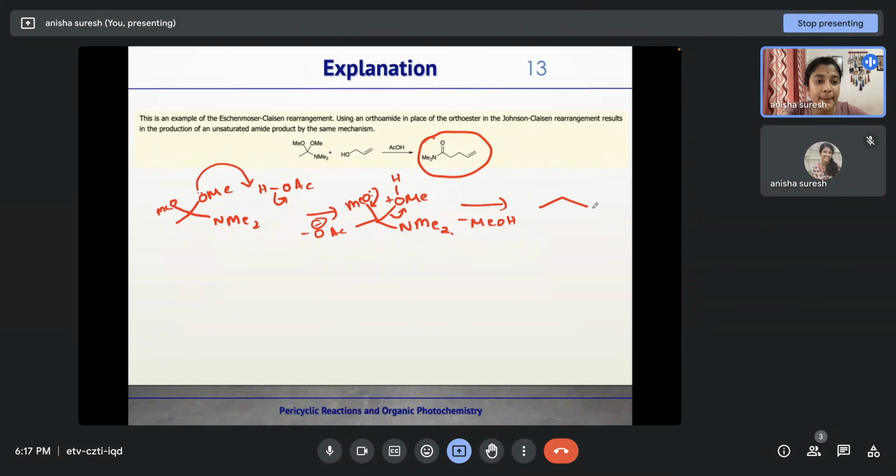So we will be getting NMe2 double bond OMe plus. So this is an electrophilic system. Now what will happen?